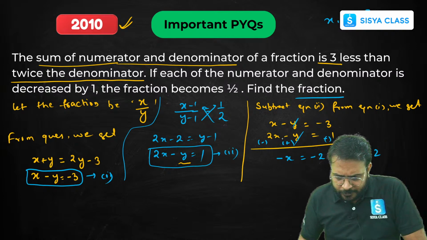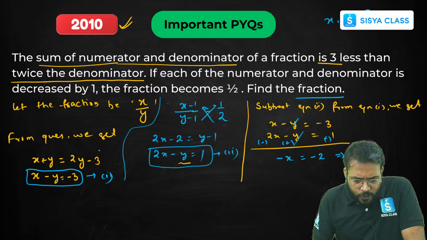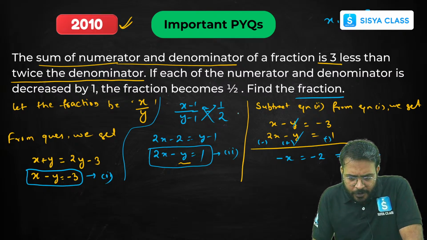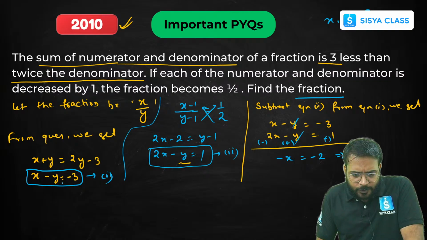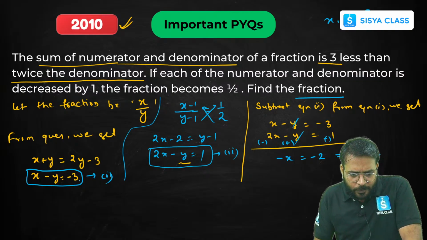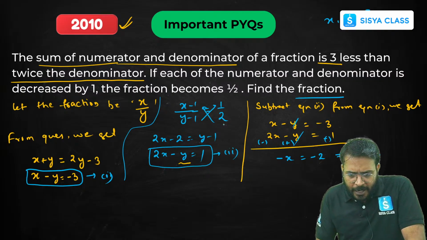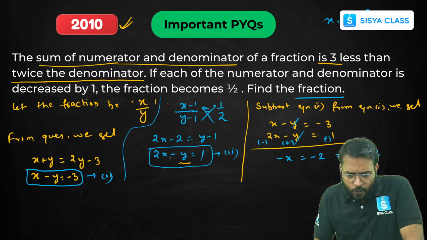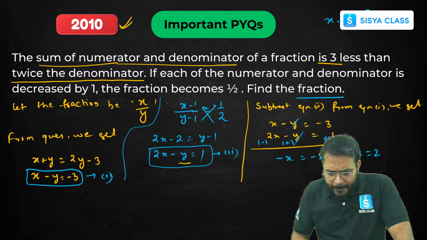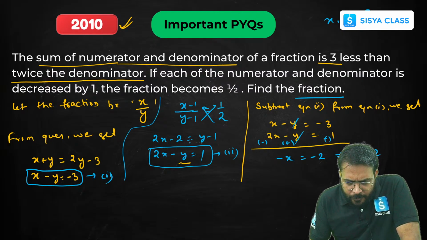So x minus y is equal to minus 3, and here I will get 2x minus 2 and y minus 1, which is 2x minus y is equal to 1.